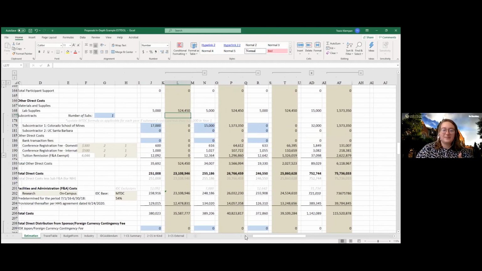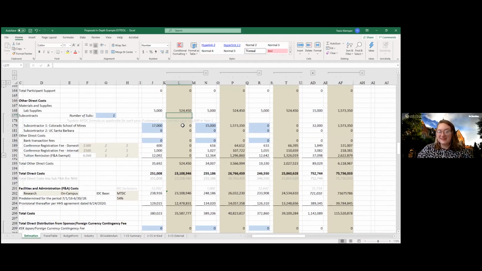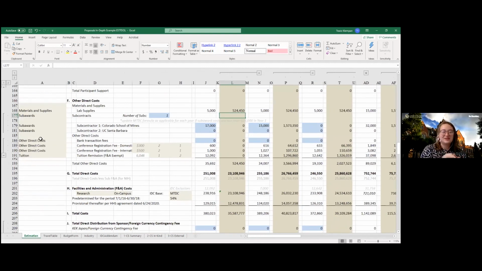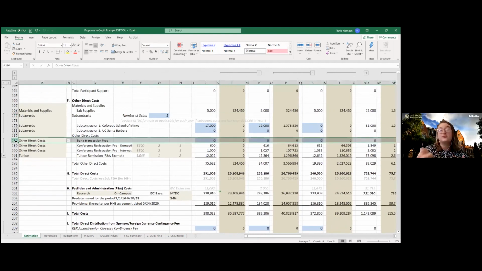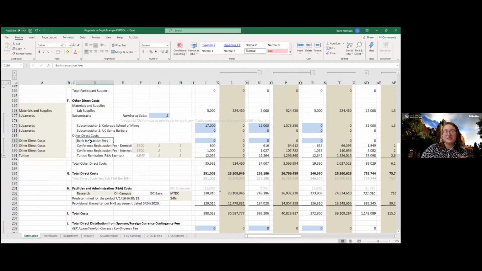Yep, perfect. Great. And now we are down to the section where we can talk about bank fees. So if you see here, I've repurposed a line item under other direct costs as our bank transaction fees. For this project, say we don't know, we're just going to do 50 for the cost times 12 for all years.